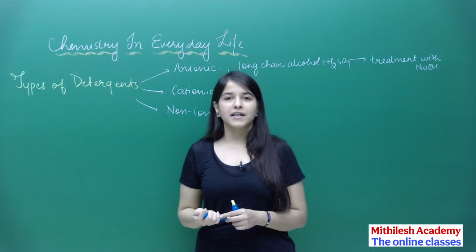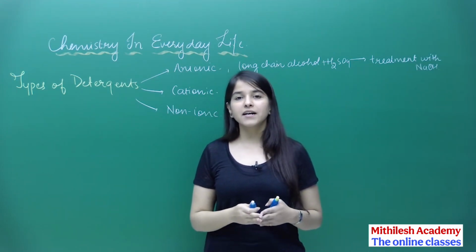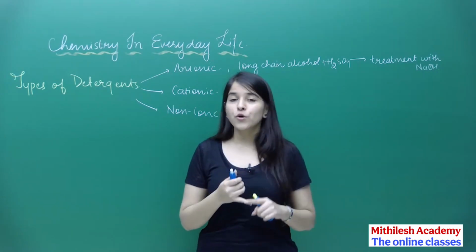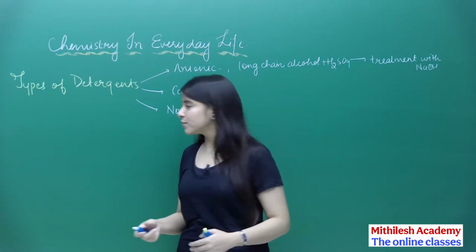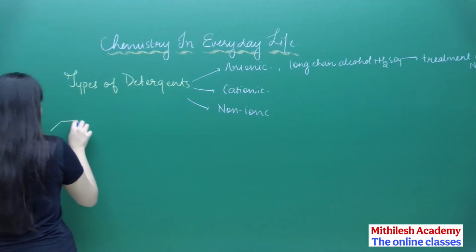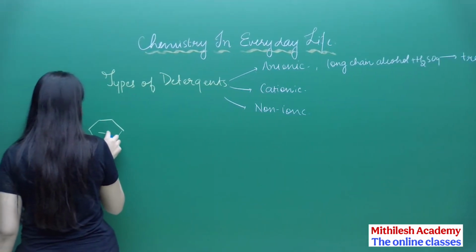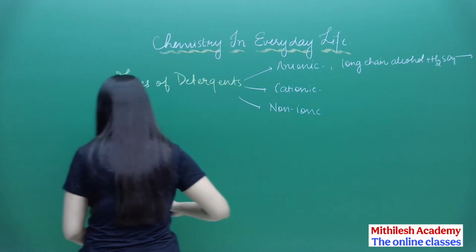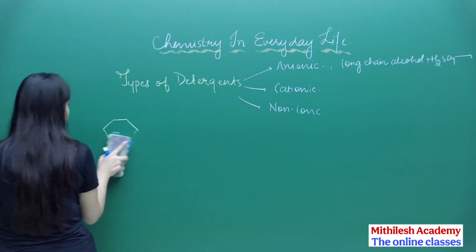Let's move on to the answer to the question which I had asked in the last session. So there was a proper reaction of dodecyl benzene. So we had taken up dodecyl benzene. Let's move on to the reaction. So I've got a benzene ring here. Let me just make it properly.